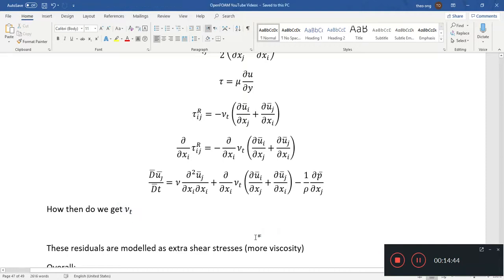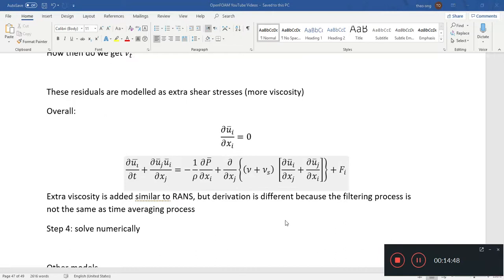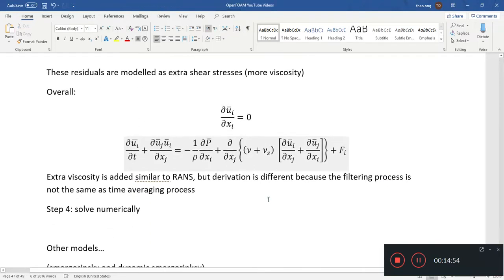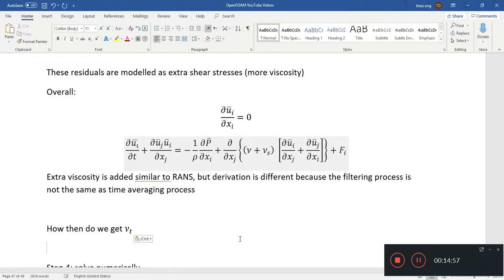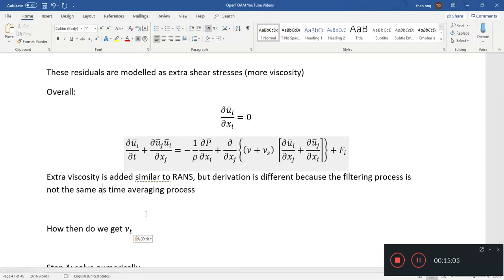There are more complicated ways of doing it, but I'm just introducing the simple ones. This extra viscosity we add is very similar to the Reynolds averaged Navier-Stokes, but the derivation is different because the filtering process is not the same as the time averaging process. Just a reminder, all of these are pretty different.